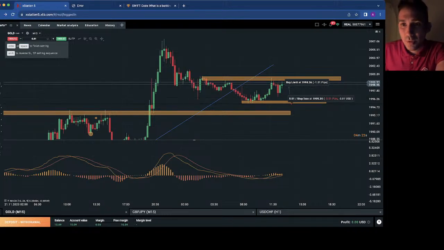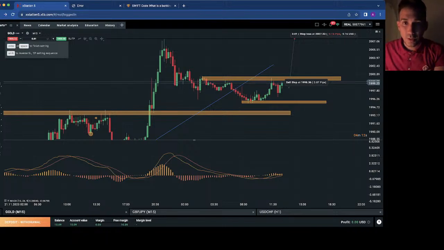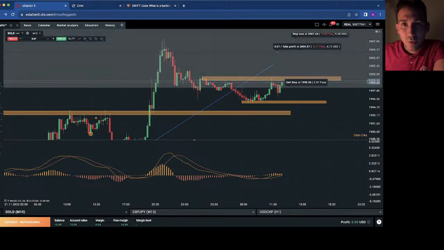That'll be 3 pips, and then you aim for the next resistance, which is at 9 pips. That would be a great way to make some money out of the market if you are an aggressive trader. If you don't want to lose any money, then just keep your hands tight.